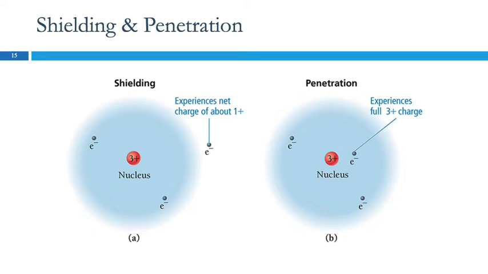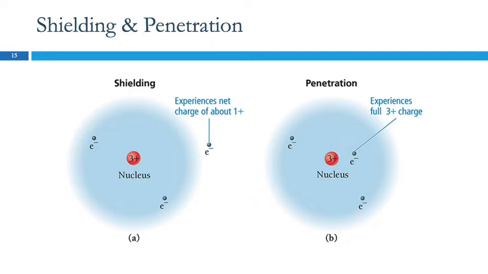So this one over here is about shielding. So this would be lithium, element number 3. 3 protons in the nucleus, 3 electrons. And so these first 2 electrons are in the 1s orbital, and this one is going to be in the second principal level, the 2. So this one's going to be further away, and as it looks at the nucleus, these guys are a standing wave around the nucleus, right?